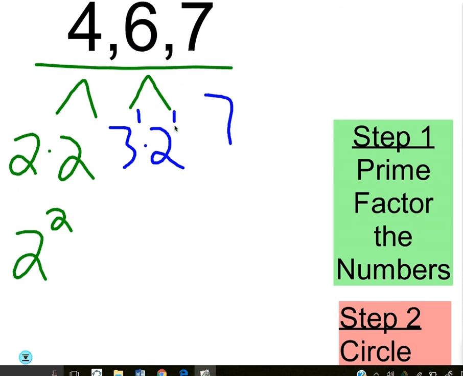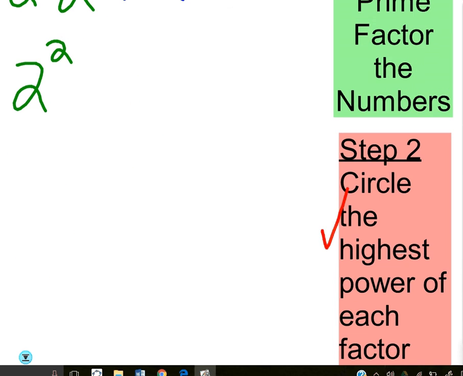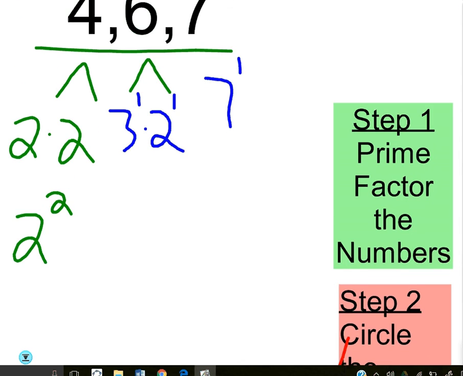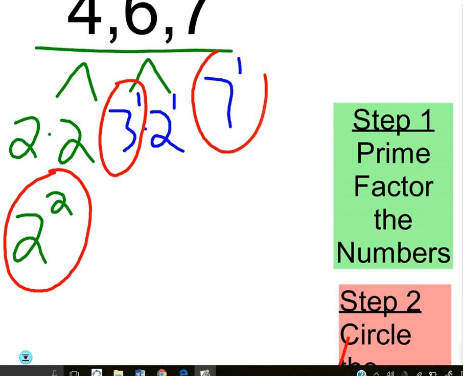And the other 2 are just to the first power. All right, so which 2 would I circle? Step says circle the highest power of each factor. So which one would you circle? 2 to the second is bigger than 2 to the first. Okay, and then these only occur once, so we're only going to circle them once.